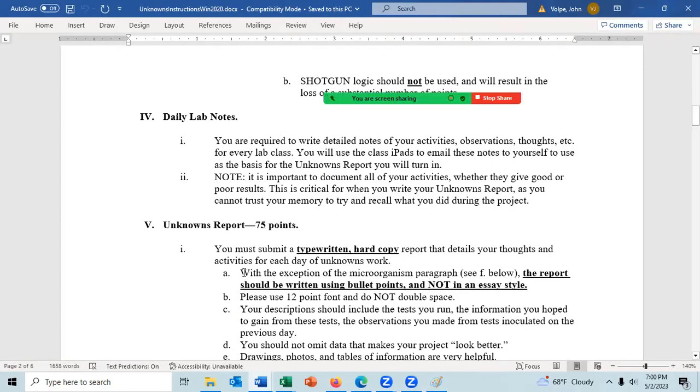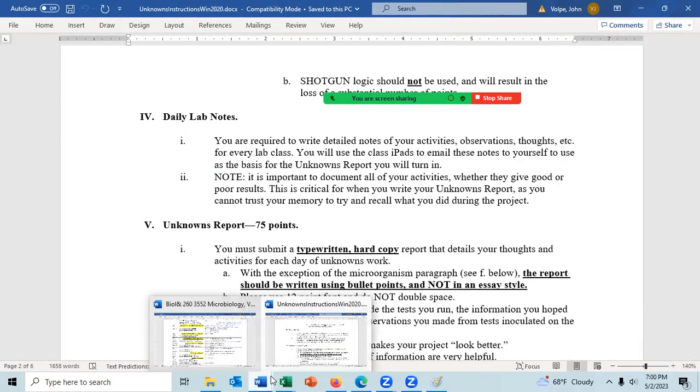The unknown report is going to be your unknown project typed up and then put in the unknown notes project. And let me show you where that is.